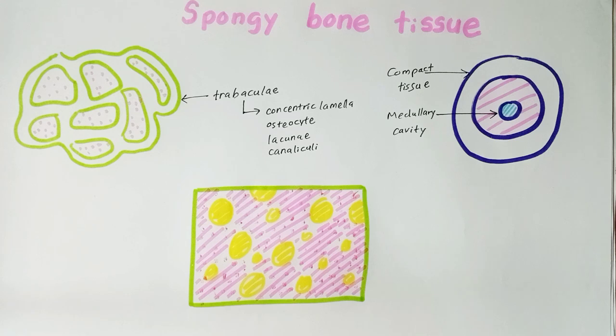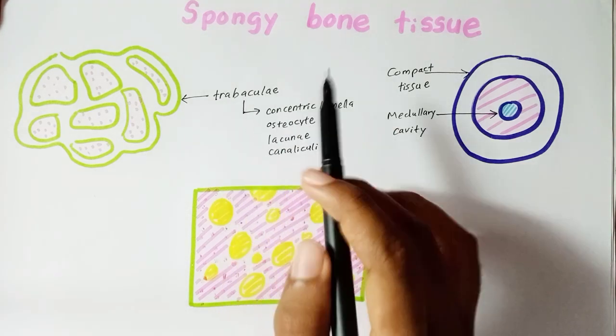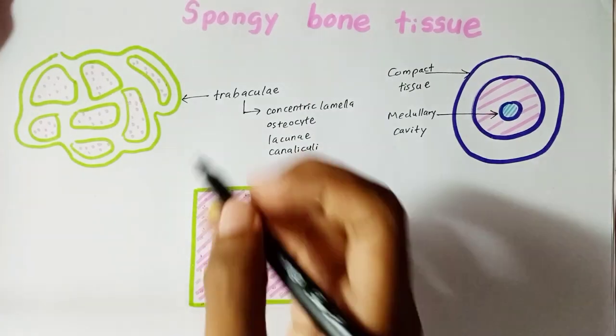And the most special thing is there are no osteons here. As in compact bone, there are so many osteons present, but in spongy bone, there are no osteons.